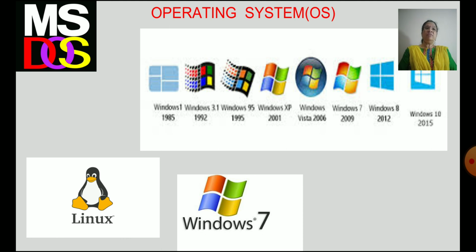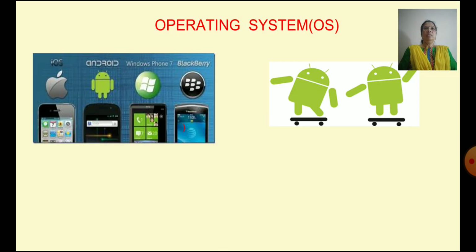From 1985 onwards, we are using Windows as an operating system. So these are the operating systems in mobile, right? iOS, iPhone operating system, Android, Windows and BlackBerry. So these are all operating systems.